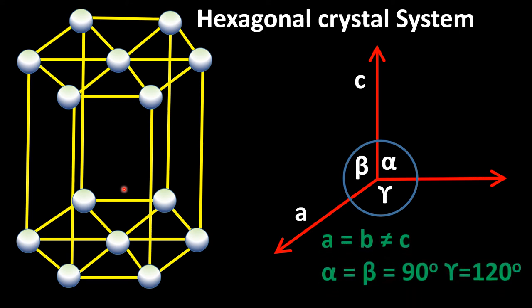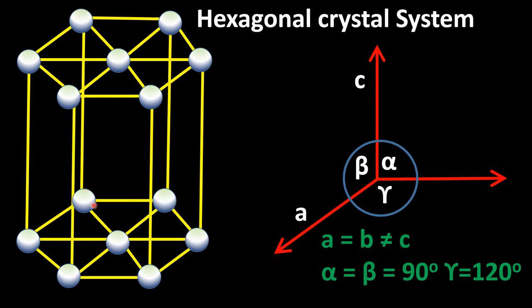So here you can see that a is equal to b, which is not equal to c. So this a side and b side, both these lengths are equal. Actually, all lengths of these hexagons are equal. All sides are equal to each other. But these are not equal to this larger side.